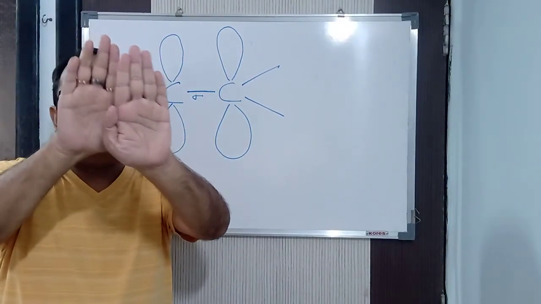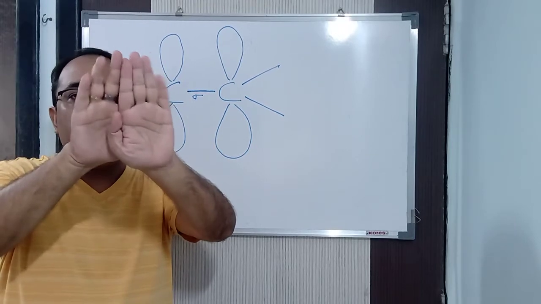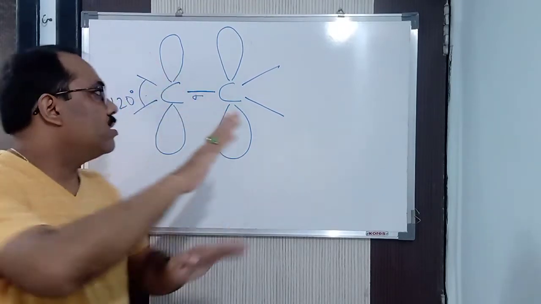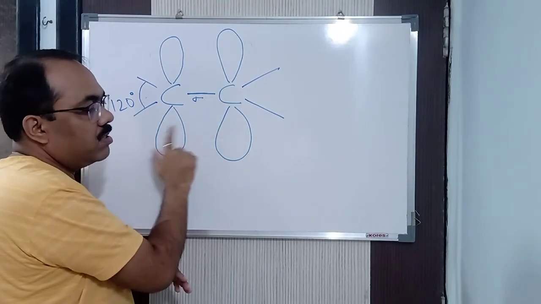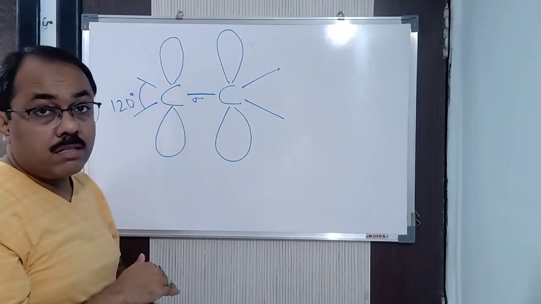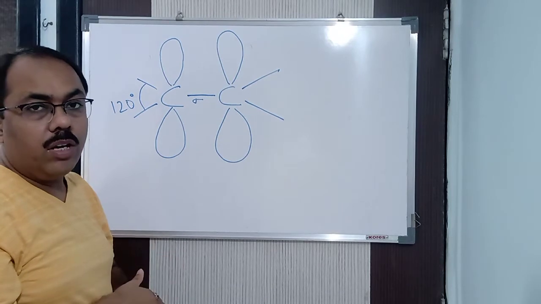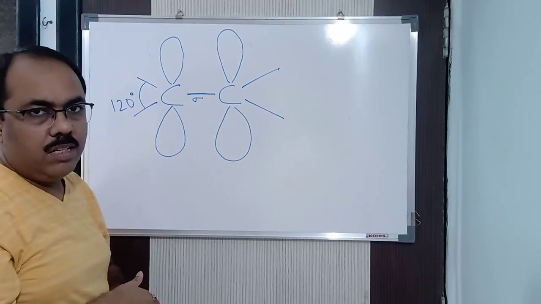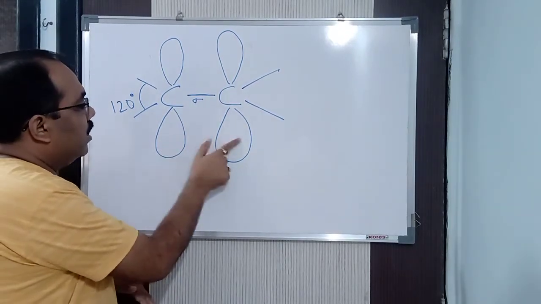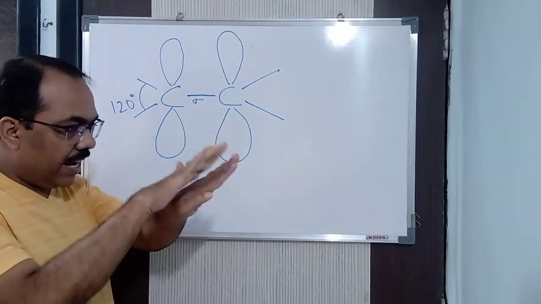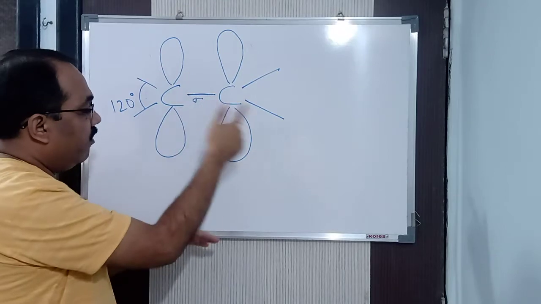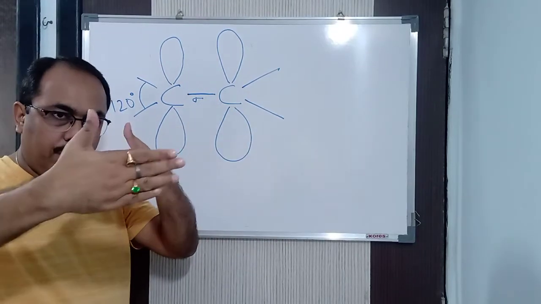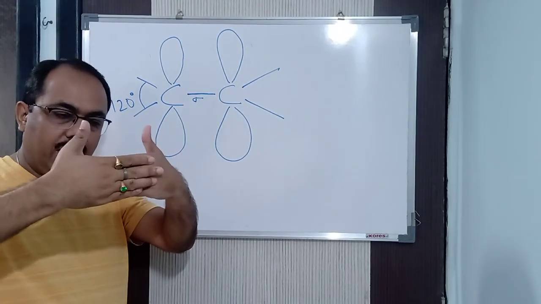These flower-like shapes are nothing but orbitals, which you will study later on in chemical bonding. When these orbitals undergo sidewise overlapping, it is a pi bond, and when they undergo head-on overlapping, it is a sigma bond.